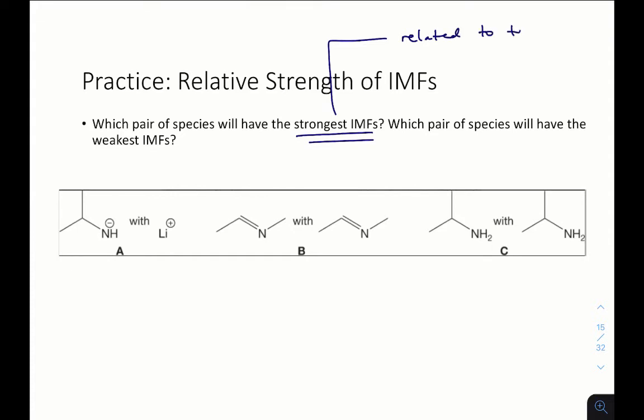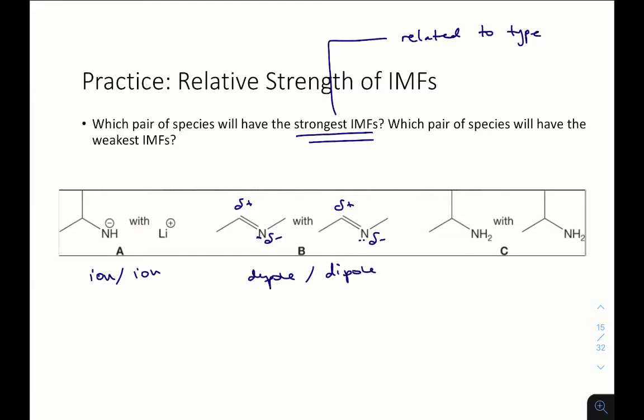So start by identifying the type of intermolecular force of attraction between each substance. So for A, you have ion-ion forces. For B, these are polar molecules, and we will have dipole-dipole forces of attraction because there are no FH, OH, or NH bonds.